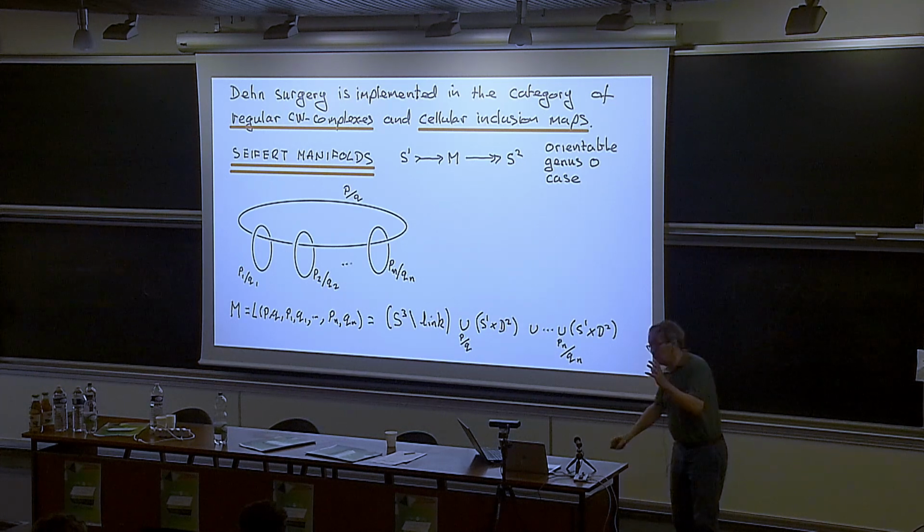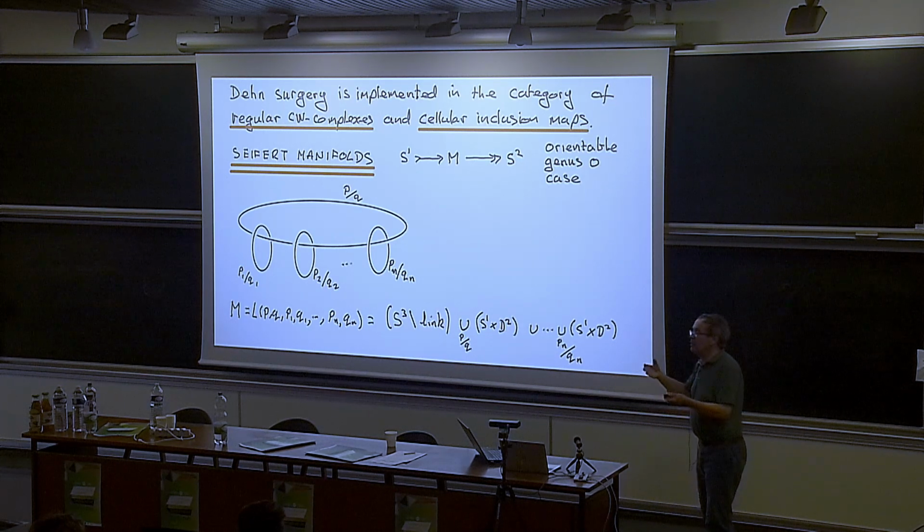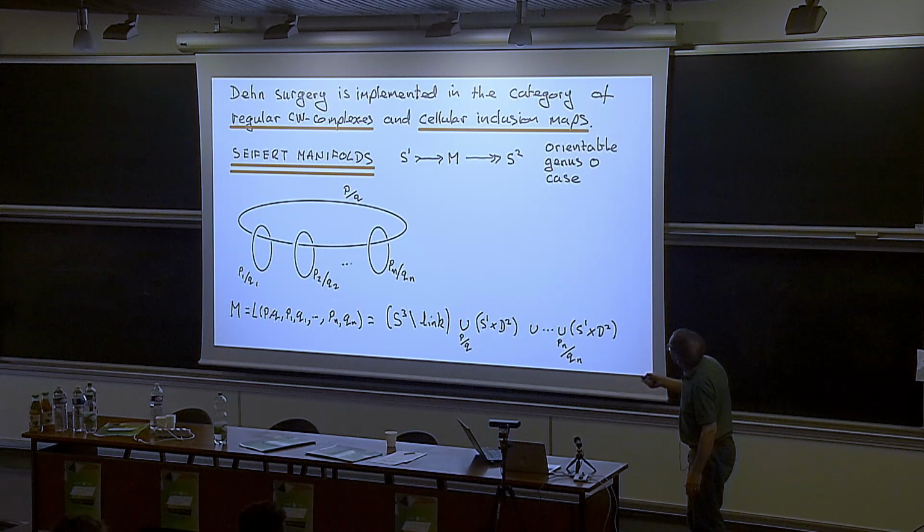And then on each knot, removing a torus and gluing back a torus using various Dehn surgery coefficients. And if you do that, you'll produce a space, which is a manifold, which I'm going to call L of P, Q, P1, and so on. So that's what a Seifert manifold is.